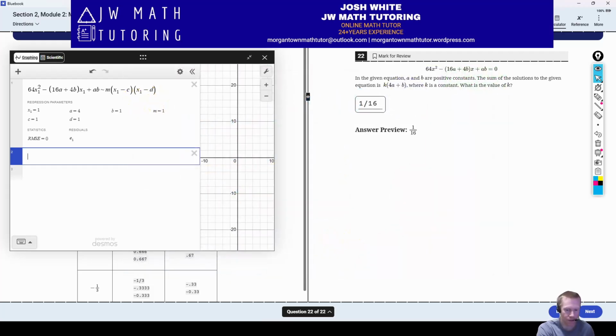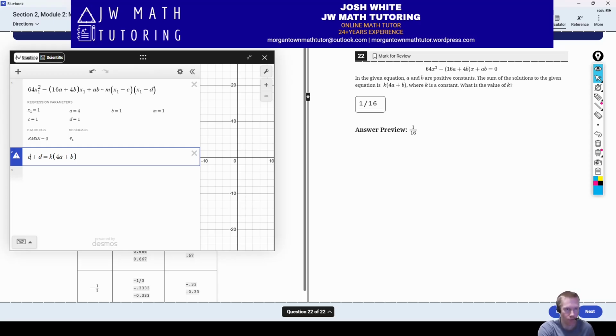The next step we need to do is set up what I call the constraint equation. And this is the one where it tells us the sum of the solutions is equal to this k times 4a plus b. Here, my two solutions are c and d. So I do c plus d equals, and then k parentheses 4a plus b. Now, it doesn't work if it has multiple letters on both sides.